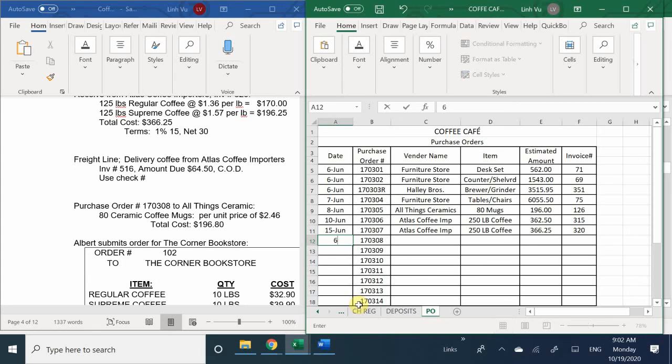What's the date? 18. Who did we make a purchase order to? All Things Served. And what did I order from them? 80 coffee mugs. I'm going to go with 80 mugs for short.